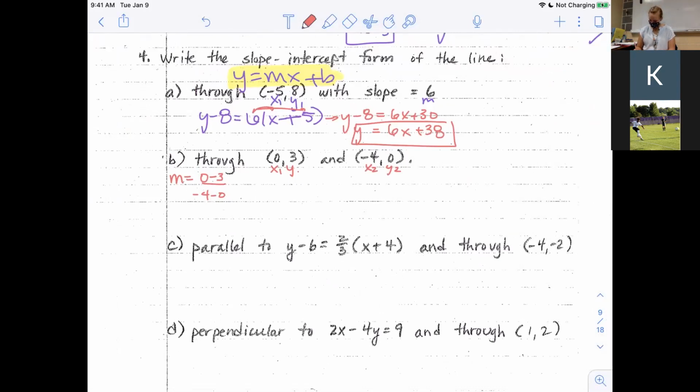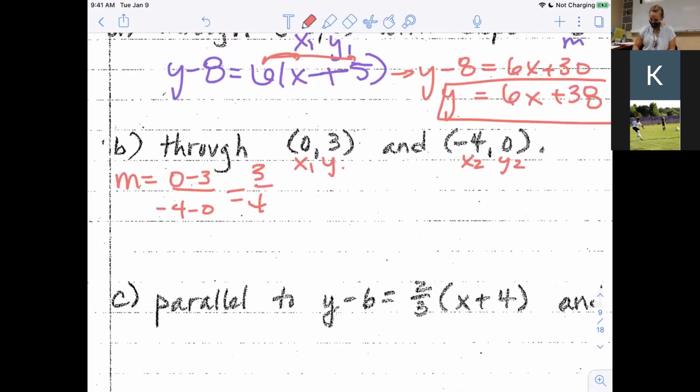Three-fourths, thank you. Where'd the negatives go? Away. Perfect. Yes, they do just cancel, so they're gone.